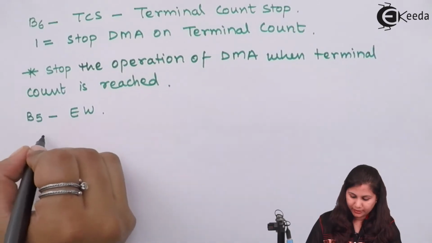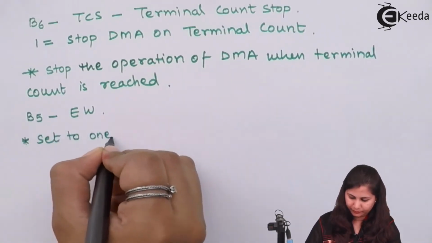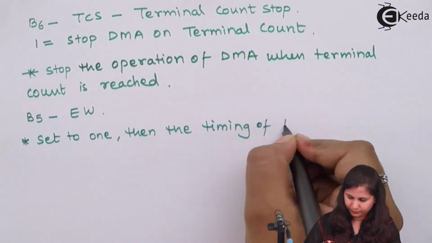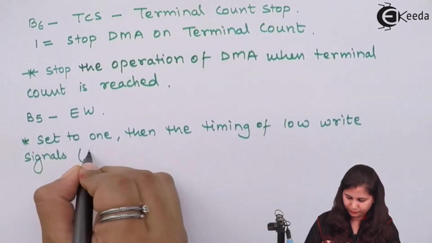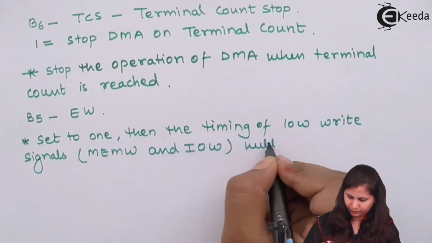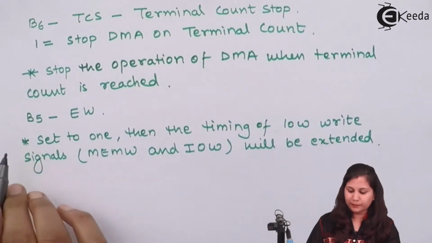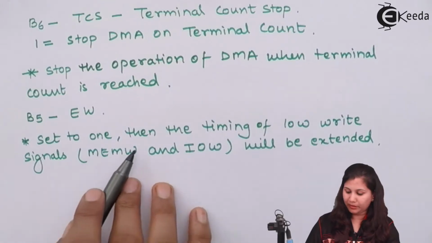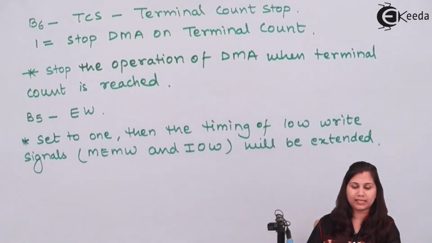Now, when this bit is set to 1, then the timing of the low write signals, which is the memory write and the input output write operations, they will be extended.